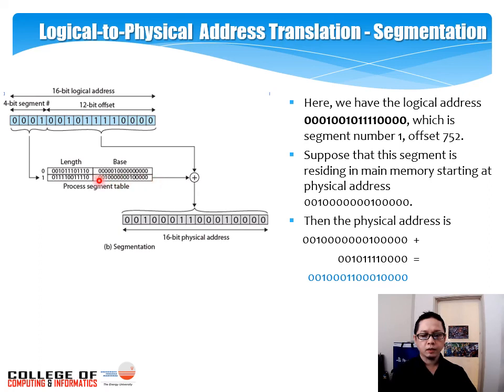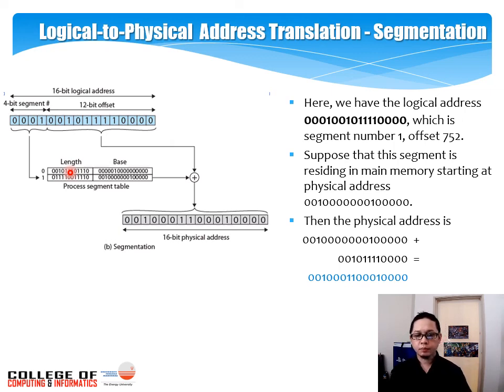This time we have the length information. Instead of just the offset information, now we have the length information, because in segmentation we need to actually know how big a segment size we need to map into the frame of the memory.